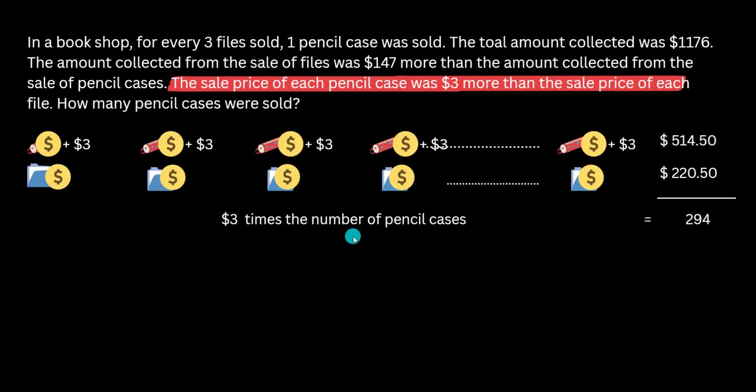So $3 times the number of pencil cases is equal to $294. I can write it as the number of pencil cases would be equal to $294 divided by 3. That gives me 98. So that is the number of pencil cases that were sold.